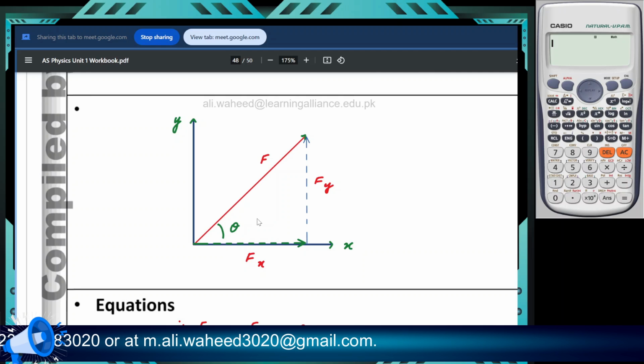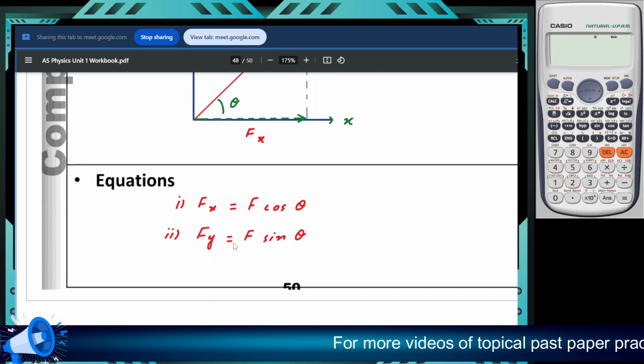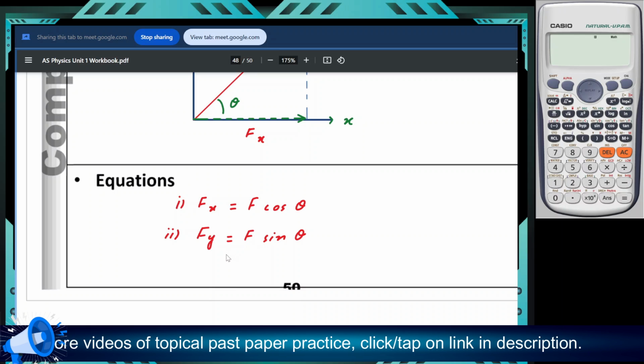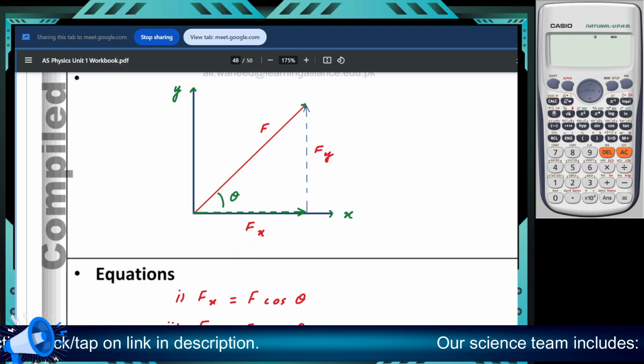If I take sine theta, that would be perpendicular over hypotenuse. So sine theta equals Fy over F. And if you shift F to the other side, you get Fy equals F sine theta.